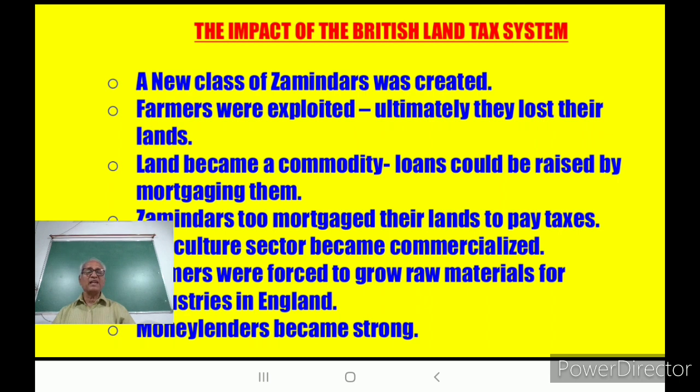And people, especially in the northern part, like those of the states of Bihar, Uttar Pradesh, Assam, West Bengal, had to switch over to either indigo or jute. So when the famine hit them, they did not have anything to eat.